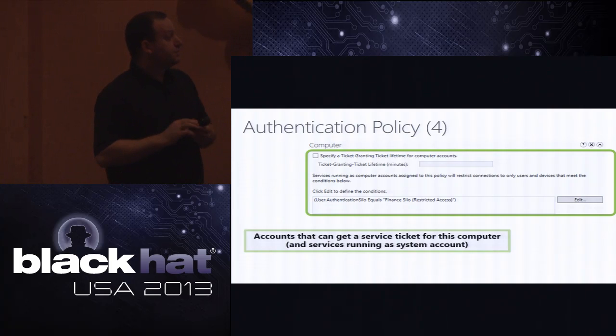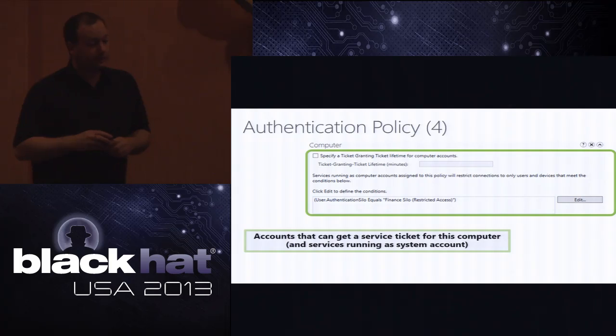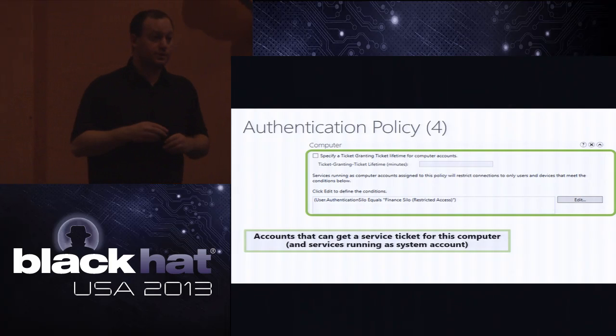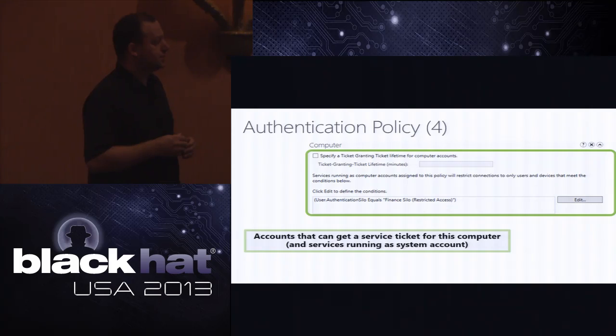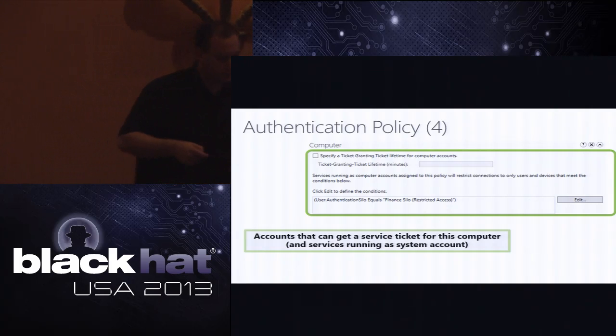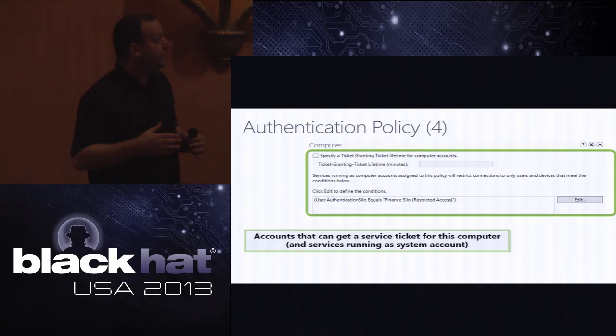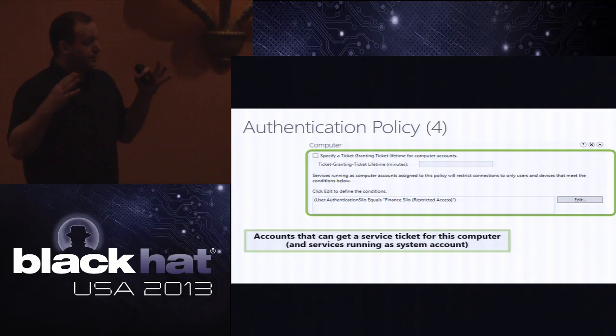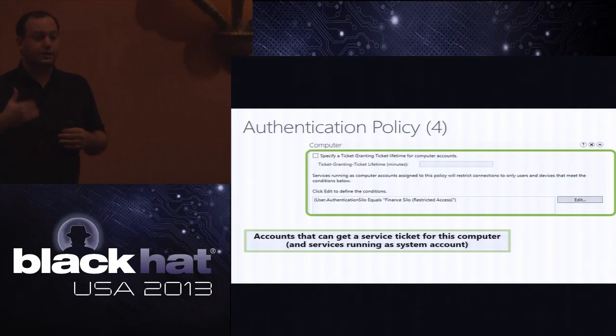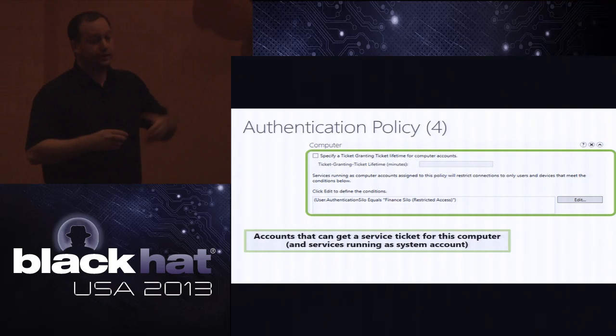And the last piece is a computer. All of these things that I've discussed previously rely on the Kerberos armoring feature, which was introduced in Windows 8 and 2012 R2. And effectively, the Kerberos armoring feature lets us know where that authentication is happening from, because we authenticate who the computer is and then we build on that and get a TGT for either the service or the user account.